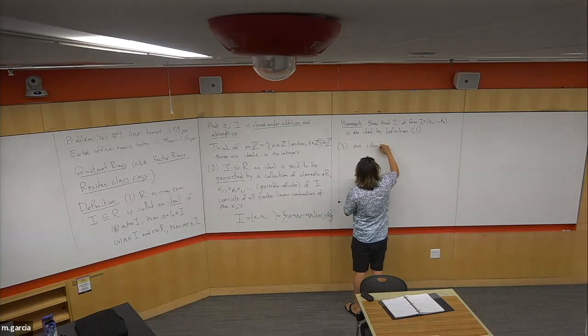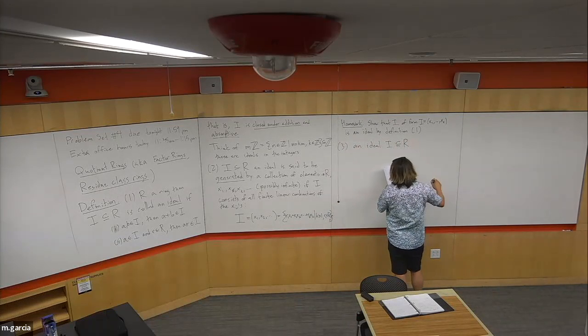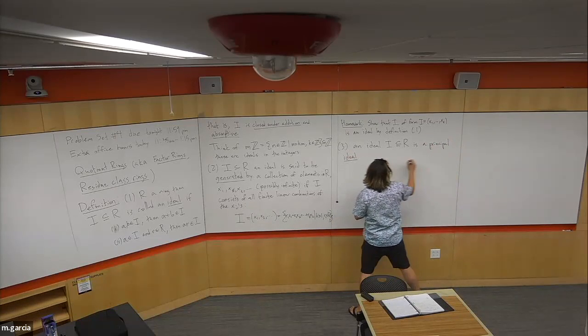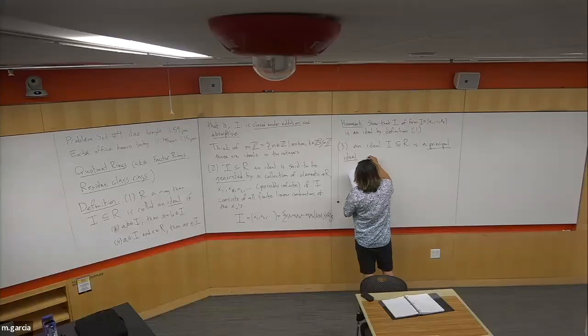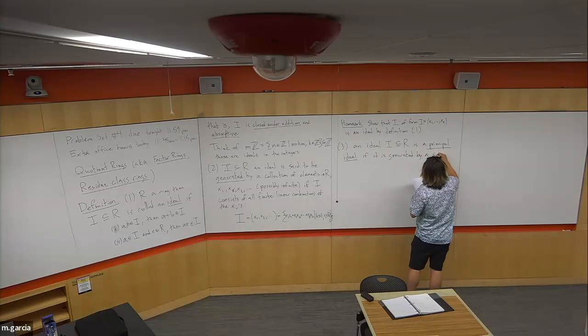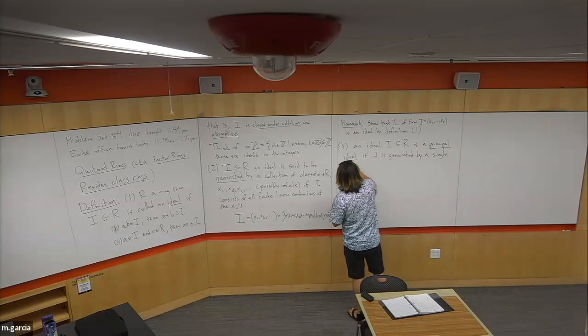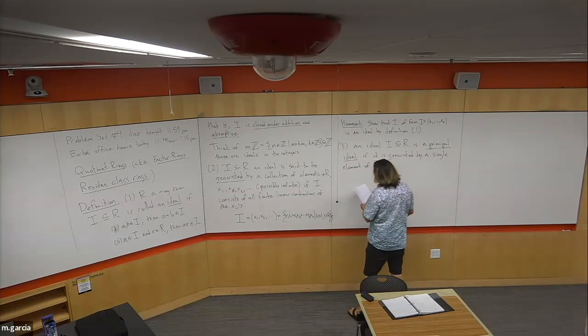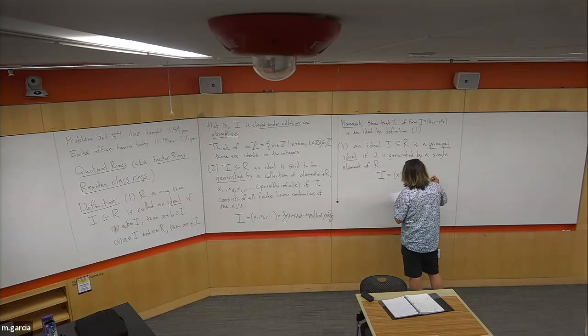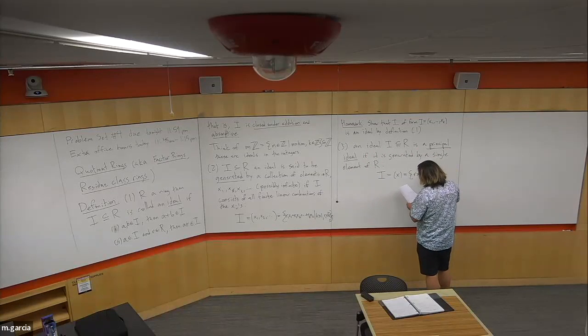An ideal I contained in a ring R is called a principal ideal if it is generated by a single element of R. That is to say, I is equal to the ideal generated by x, say, which again, I'll write explicitly, is just the multiples of x.